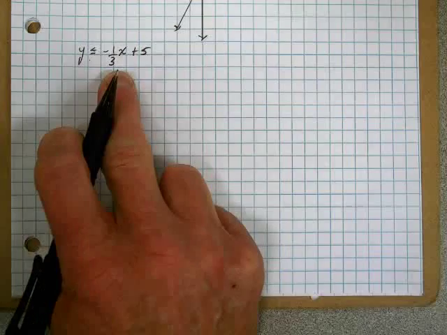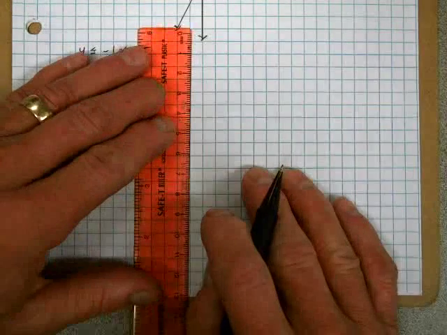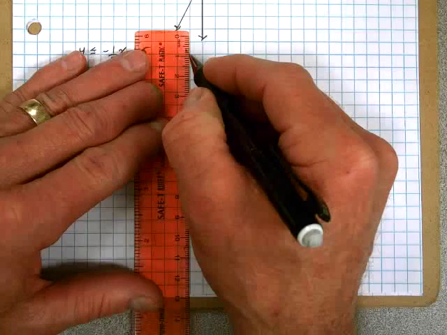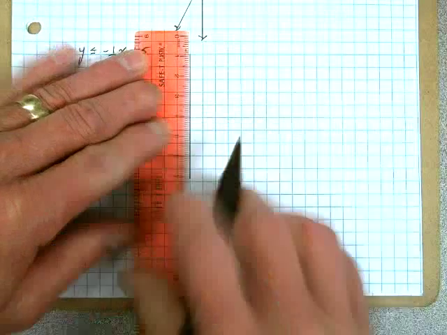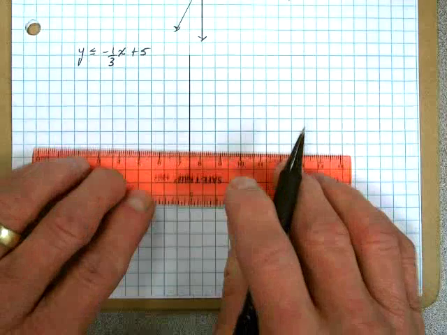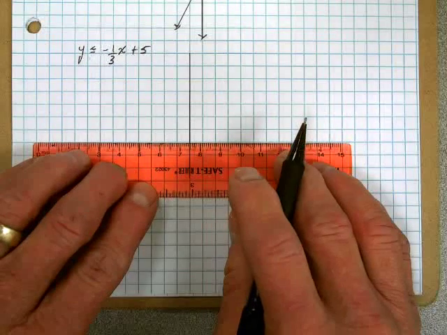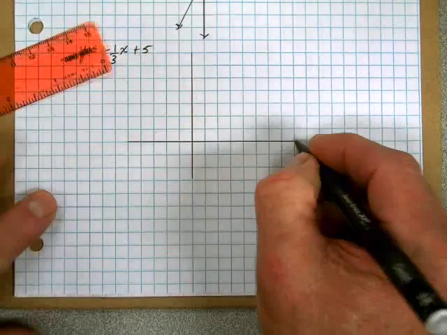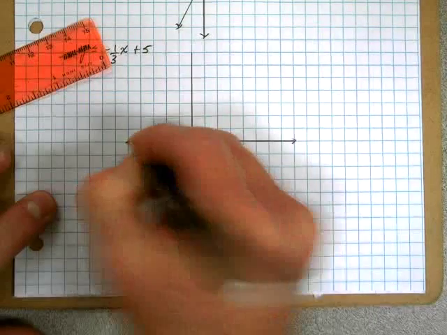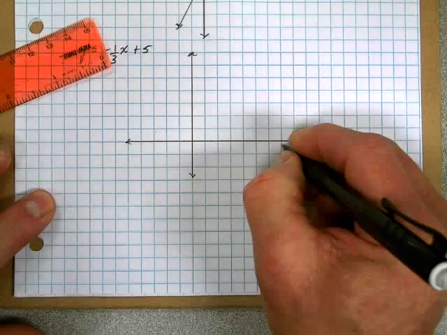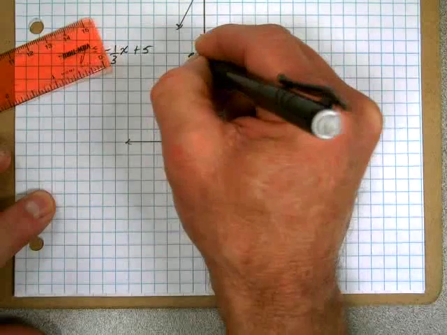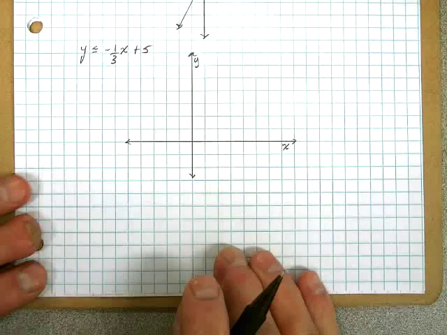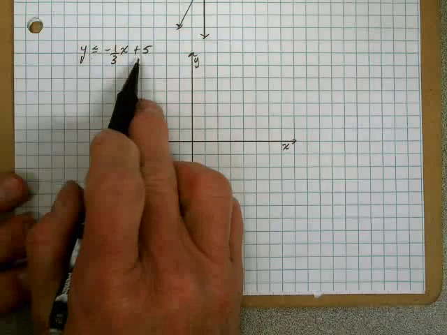And so let's draw a coordinate plane. And we're using all four quadrants here. And we'll identify the x and the y axes, and then begin by plotting the y-intercept.